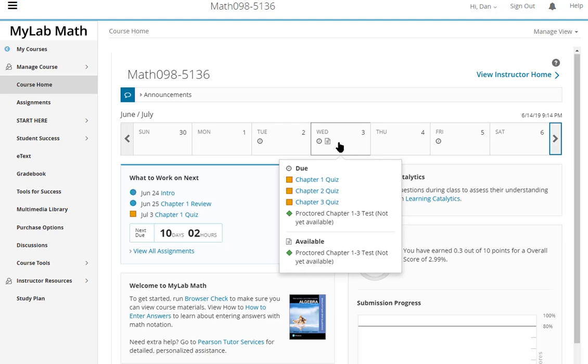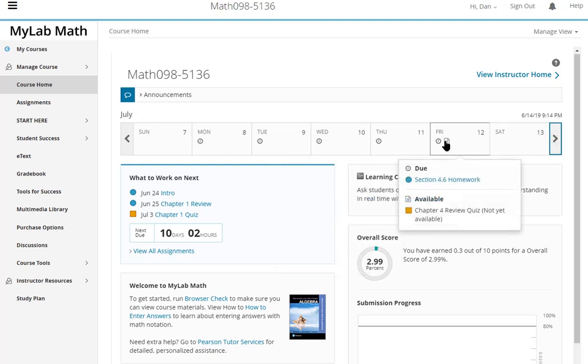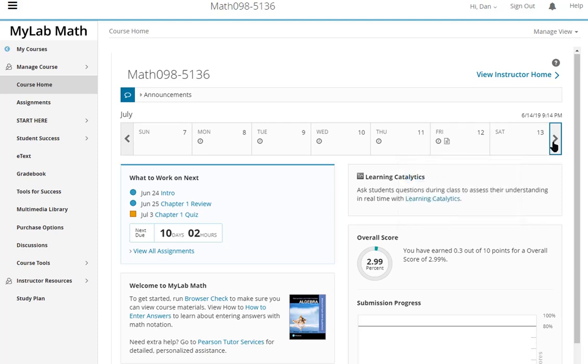So if you lose your syllabus or don't have access at the time and you're wondering where we're at, you can scroll through this calendar and it'll show you when, like this one here, the chapter 4 quiz will become available, about halfway through chapter 4.